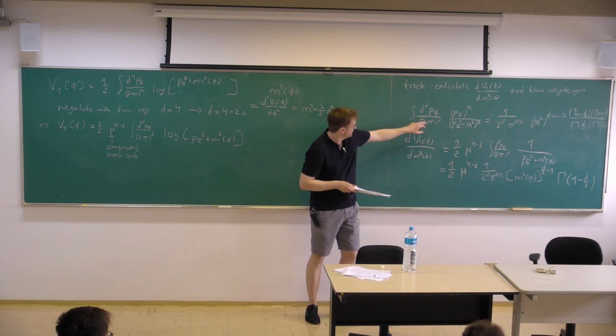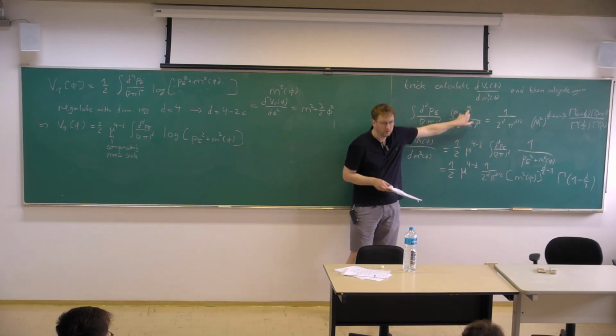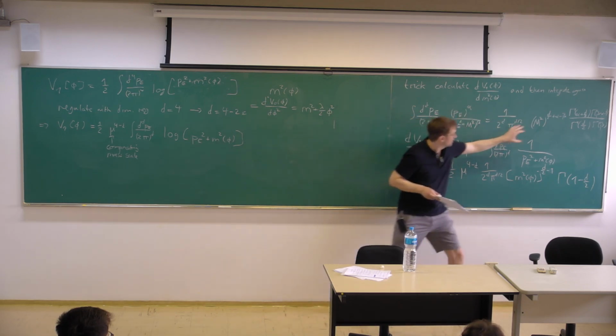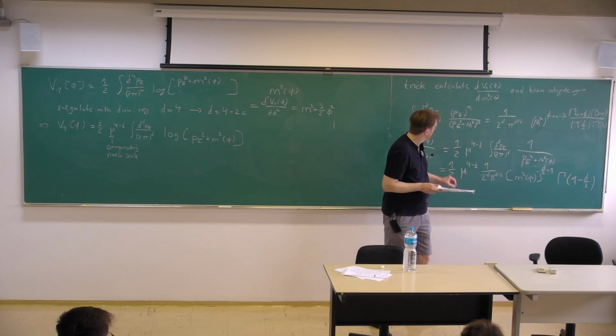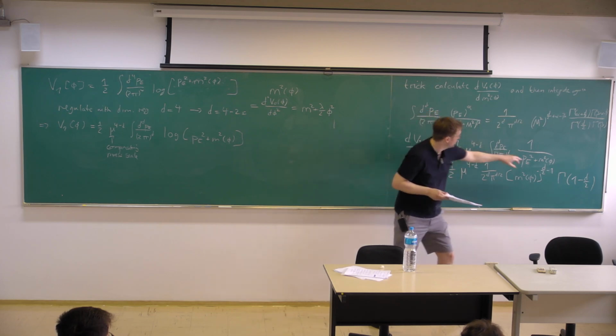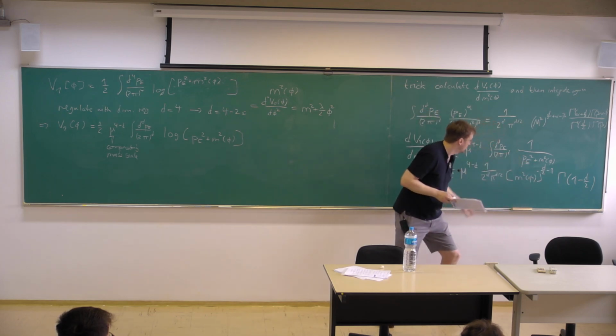Okay, so I'm using this formula for alpha 0 and beta 1. Now you just evaluate the right hand side. This capital M squared is now m squared of phi. Okay, and this is what I get.